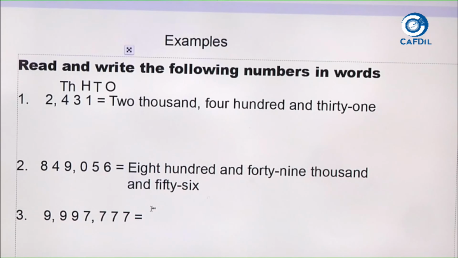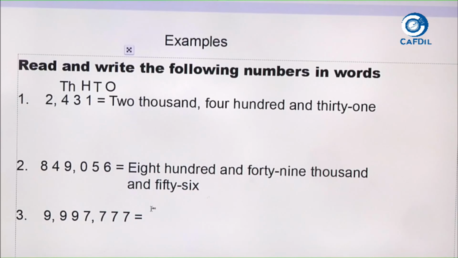Can we read this number together? So this reads 9,997,777. If you follow the rule, reading the numbers becomes easier for you.